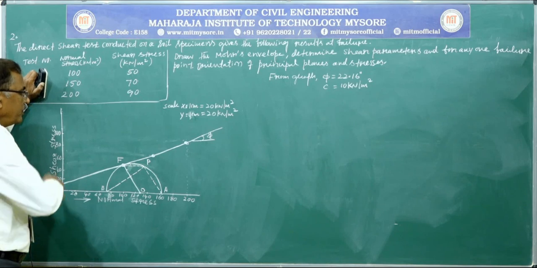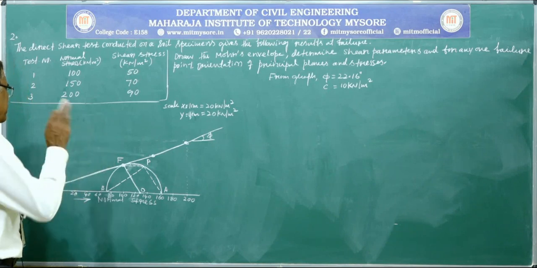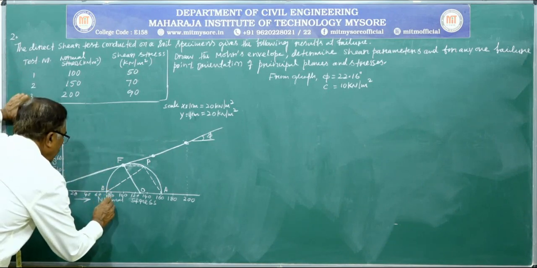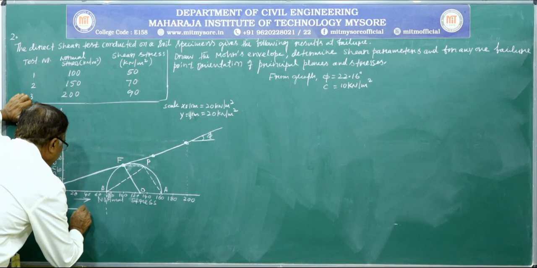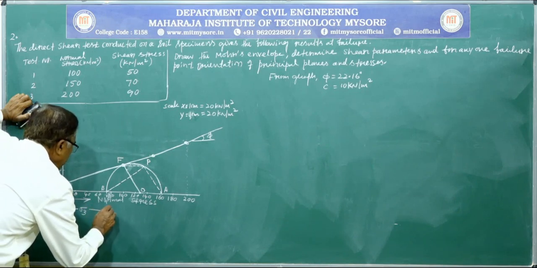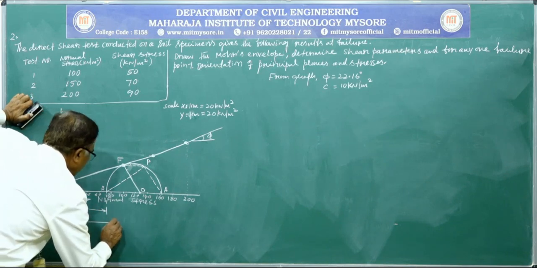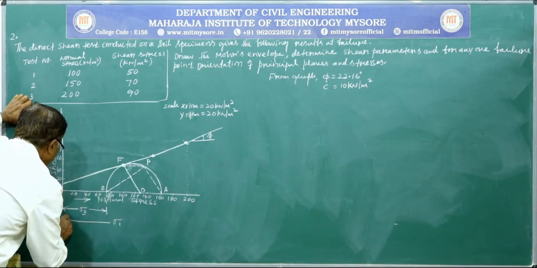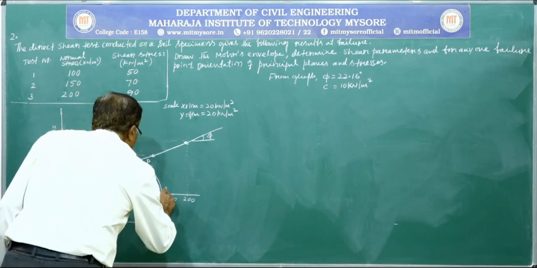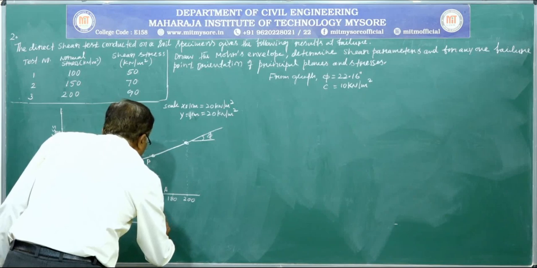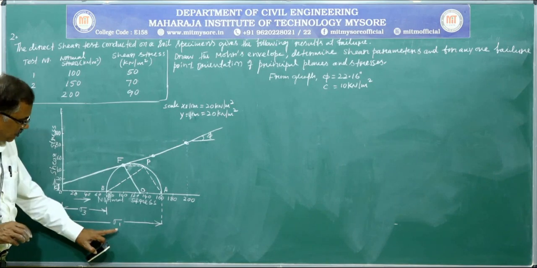Now, we can easily mark the principal stresses, then principal planes. The horizontal distance between the origin and the starting point of the Mohr circle is sigma 3. Then the horizontal distance between the origin and the end point of the Mohr circle is sigma 1, that is, the major principal stress.